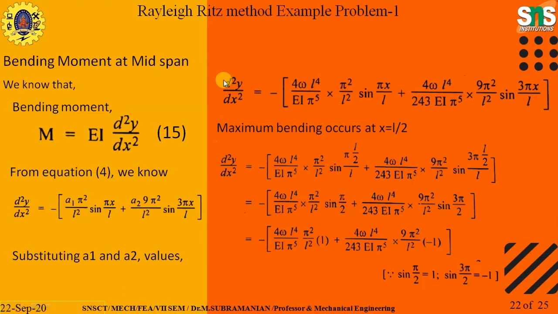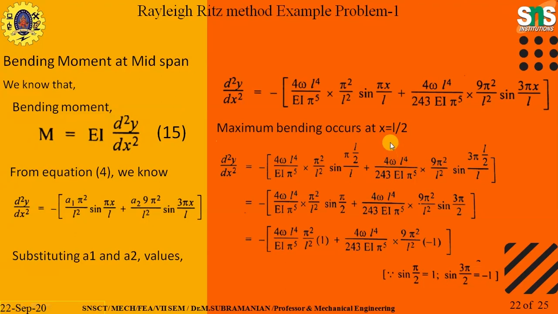So finally we are getting d square y divided by dx square, minus 4 wL^4 divided by E I pi^5 into pi square by L square sin pi x divided by L plus 4 wL^4 by 243 E I pi^5 into 9 pi square divided by L square sin 3 pi x divided by L. So maximum bending moment occurs at x equal to L by 2.